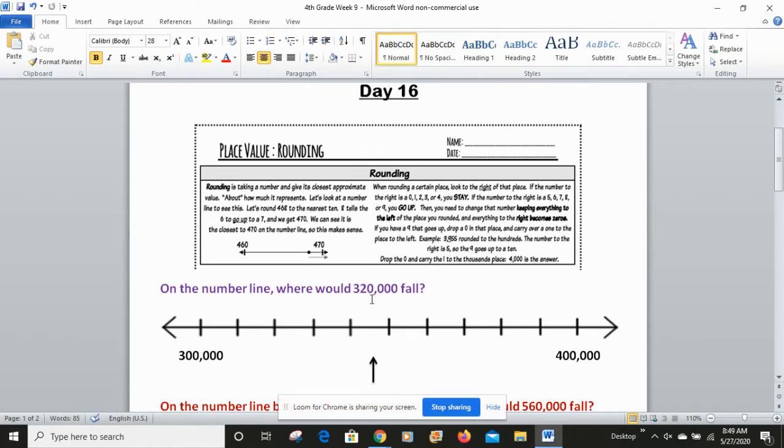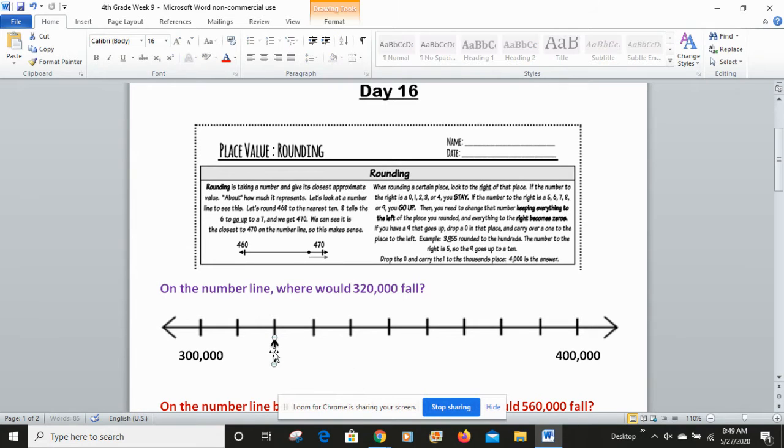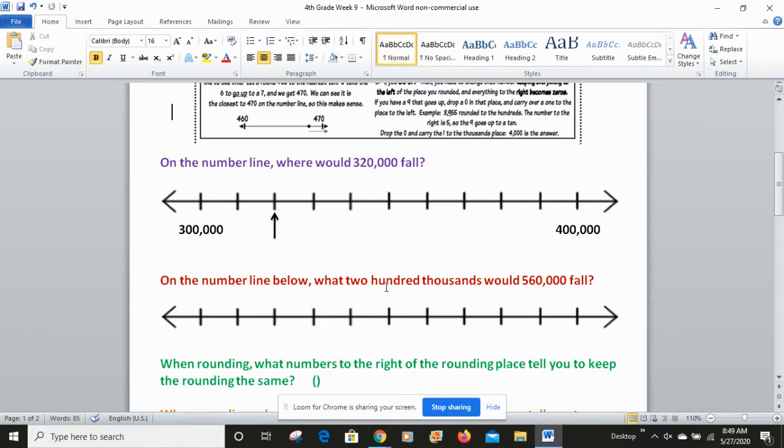So if I was going to place this arrow where 320,000 would fall, I would put that arrow right there. 300,000, 310,000, 320,000. On the number line below, what 200,000s would 560,000 fall?